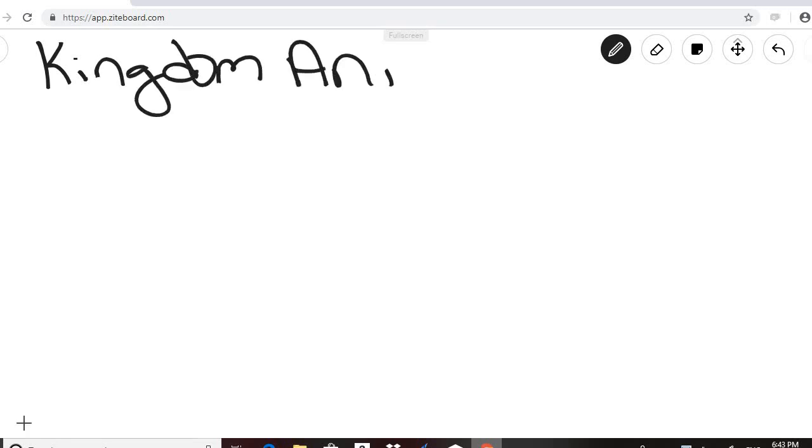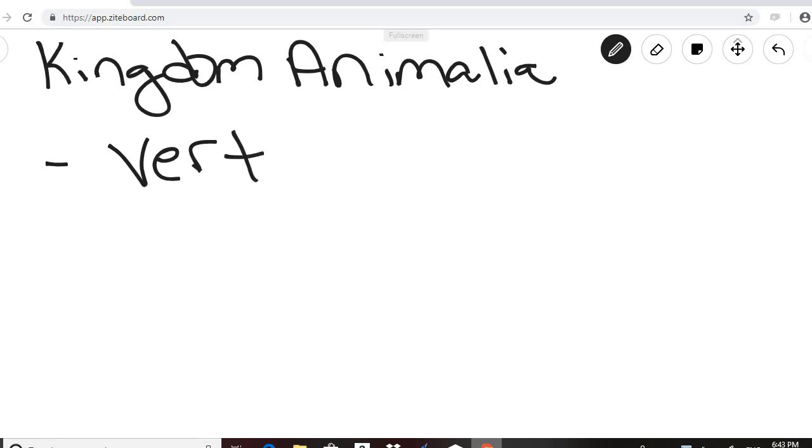Okay, this lesson is going to be Marine Biology Module 4, which is the first module that deals with marine invertebrates. So we're now starting Kingdom Animalia, and Kingdom Animalia is usually subdivided into the vertebrates that have a backbone.